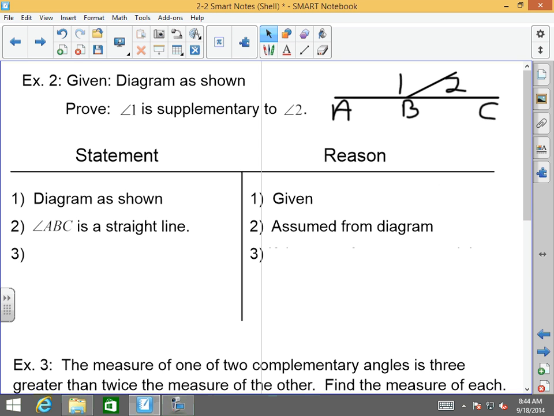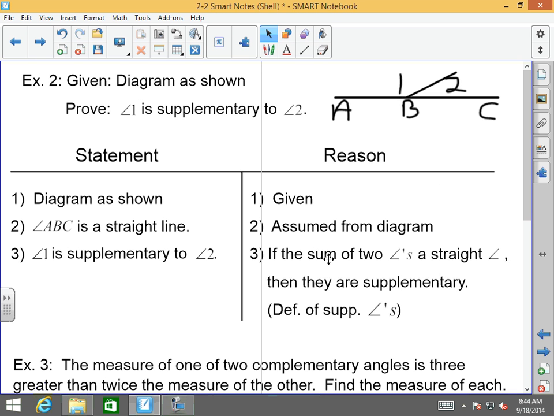And then what will my third and final statement be? Boom. Angle 1 is supplementary to angle 2. Why? Exactly. If the sum of two angles is a straight angle, then they are supplementary. So in other words, definition of supplementary angles.